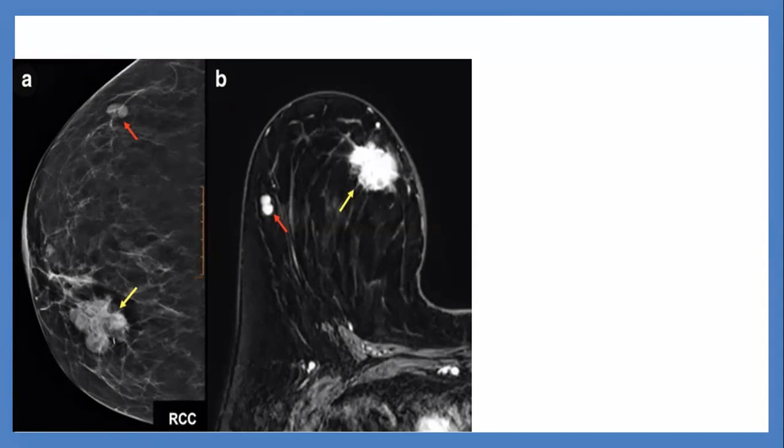At the lateral aspect of the right breast, mid breast, there is a well-defined oval-shaped lesion with fatty hilum adjacent to a vessel, likely representing an intramammary lymph node. Okay, and also in MRI, it showed intense enhancement.